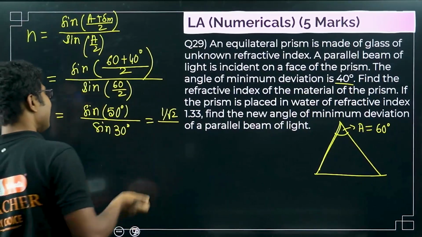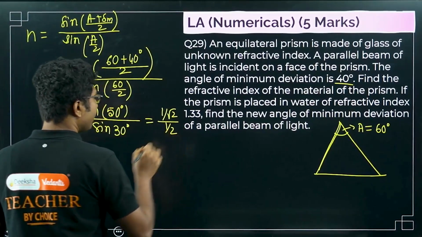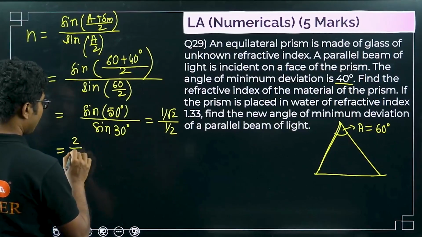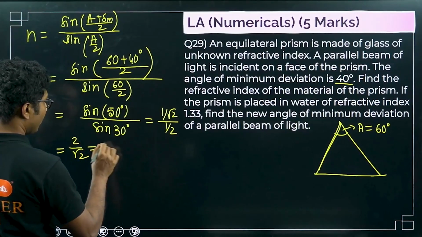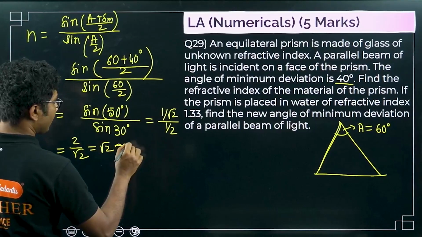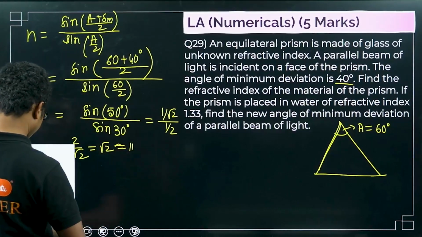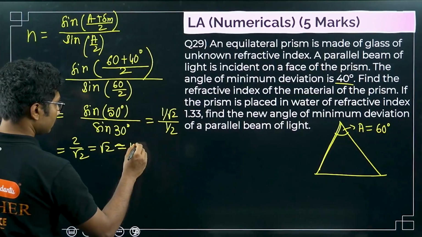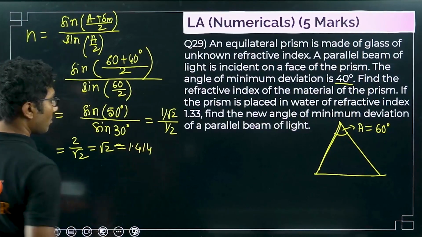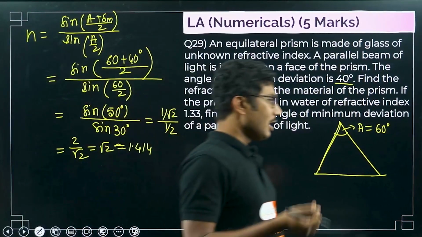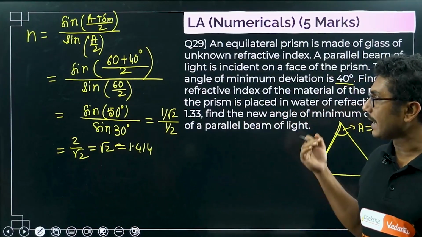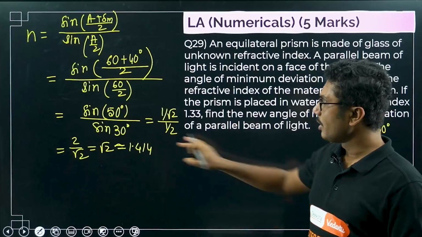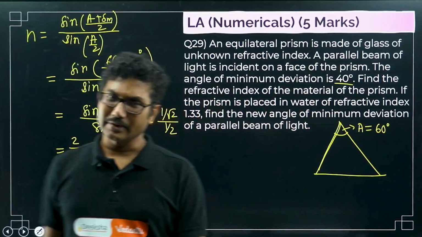Sine 30 is half, so it will be 2 divided by root 2, so it will be root 2, approximately 1.4. That is the approximate value, and if you can calculate the value of sine 50 on your calculator, you can put that exact value and calculate the exact value, but this will be the closest answer for this.